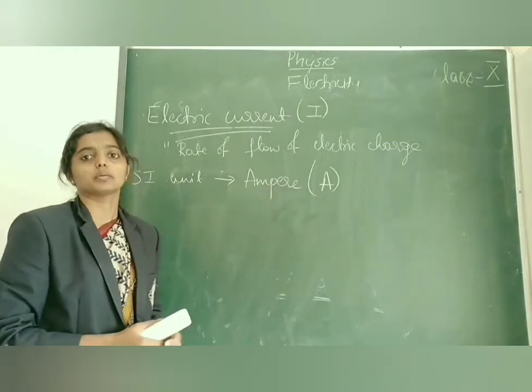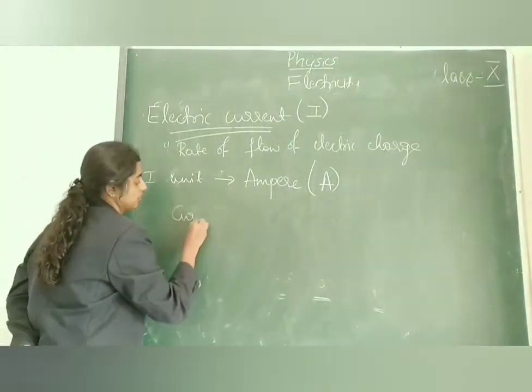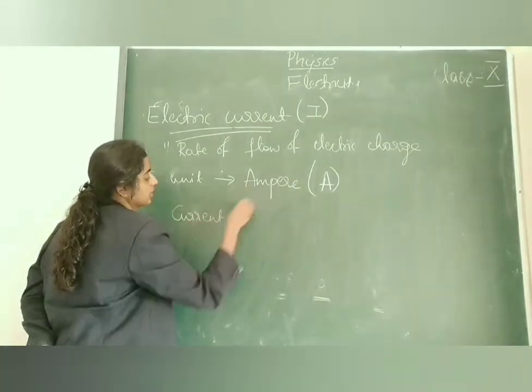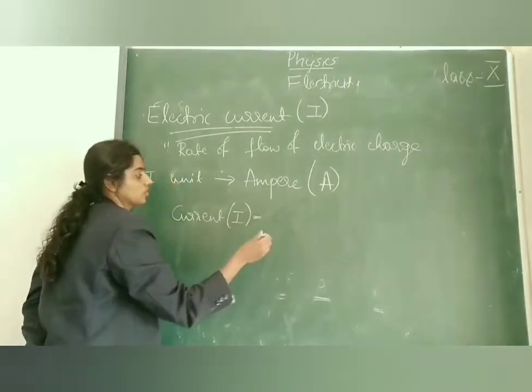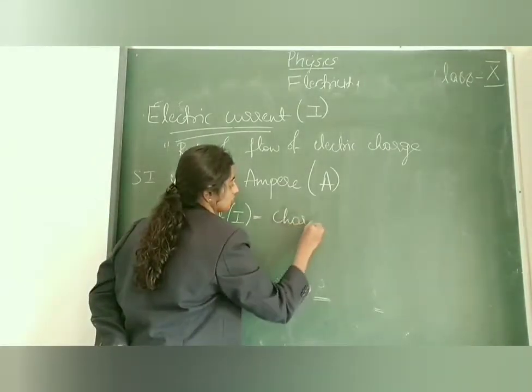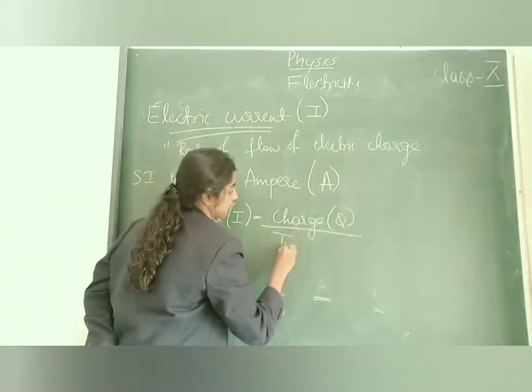Now we will see the mathematical formula for current. Current, denoted by the symbol I, is equal to charge by time.